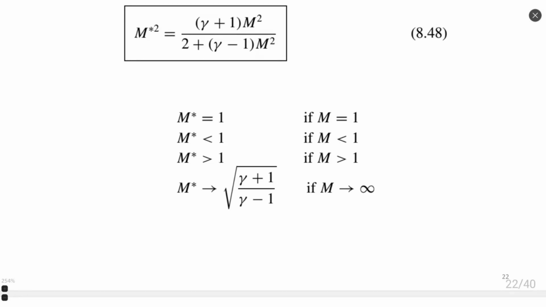It says that when the characteristic Mach number M asterisk is equal to 1, M is also 1. When the characteristic Mach number is less than 1, M is subsonic. For characteristic Mach number more than 1, M is supersonic. And when the real Mach number goes to infinity, according to analysis of function 48, M asterisk will reach its limit, the square root of gamma plus 1 divided by gamma minus 1.